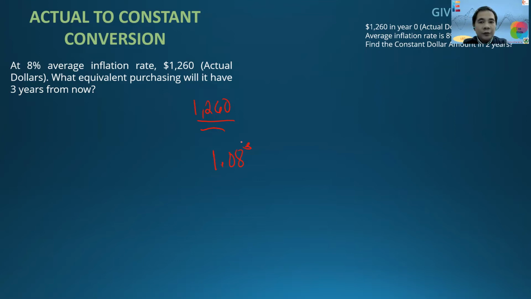So therefore, your equation would be equal to 1,260 divided by 1.08 to the exponent of 3. That is your actual to constant, since that is the purchasing value at the end of 3 years, because with inflation your purchasing power becomes smaller.